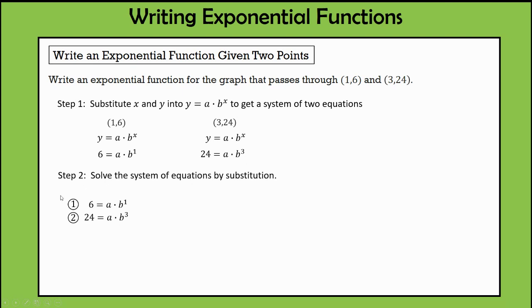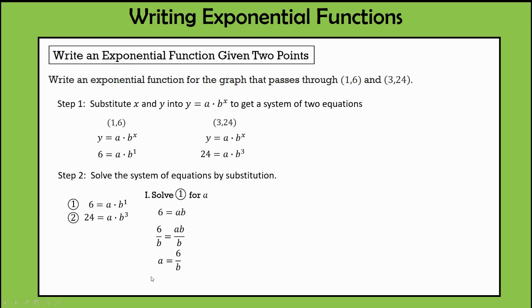All right, we're going to use substitution. We've worked on this before. So I'm going to take equation 1 and solve for a. So here's equation 1, 6 equals a times b. Remember, b to the first is just b. This is multiplication. 6 equals a times b. Solve for a. I'm going to divide each side by b. That will cancel. a is equal to 6 over b.